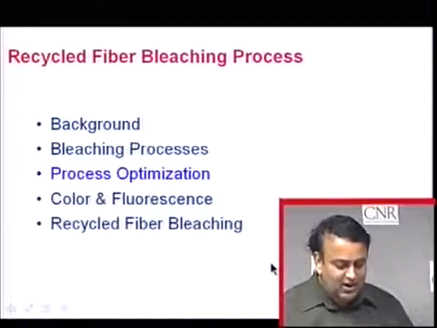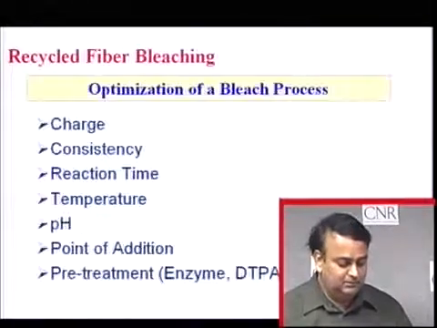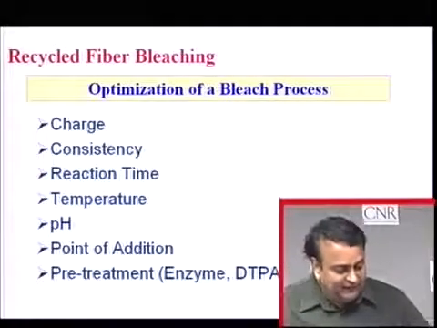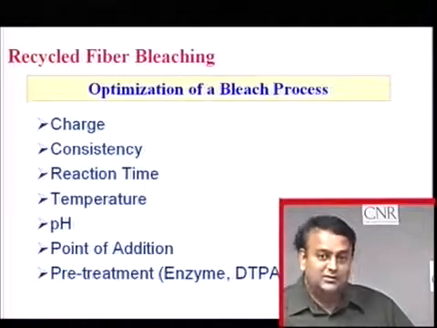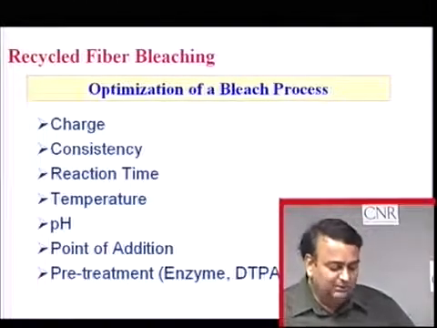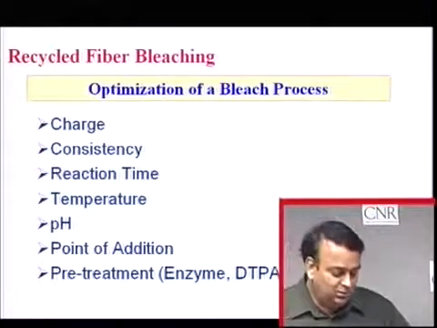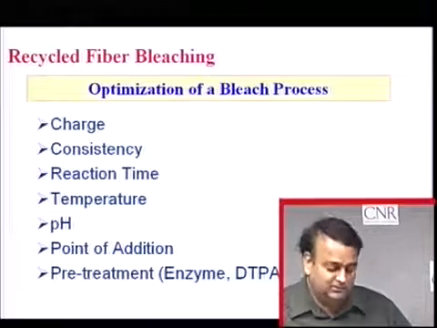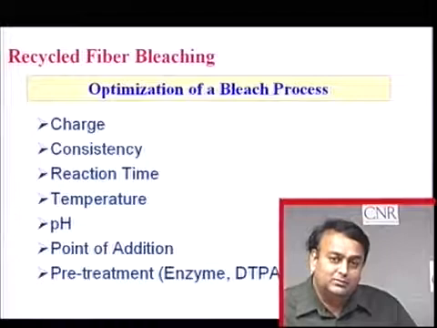Now let's take a look at how we optimize a bleaching process. There are various variables in a bleaching process: chemical charge, consistency, retention time, temperature, pH, where we add the chemical, and pre-treatment, enzyme and chelate treatment. How do you optimize a bleaching process?